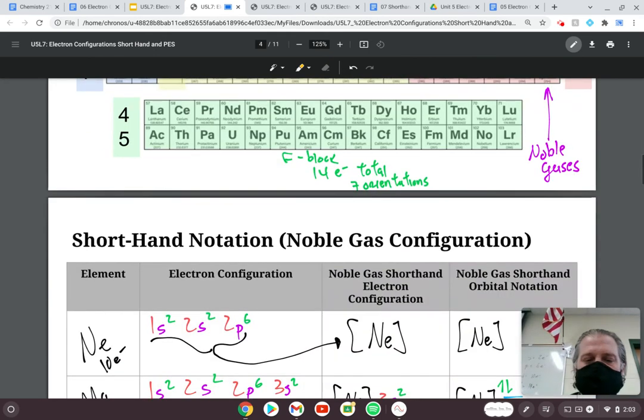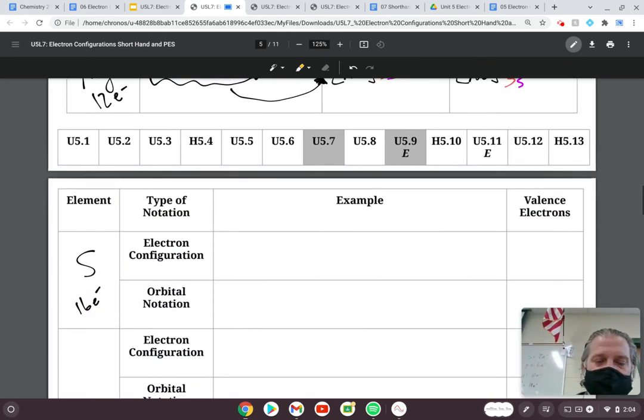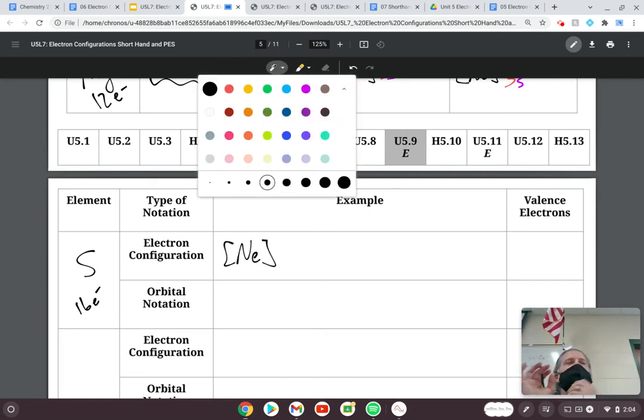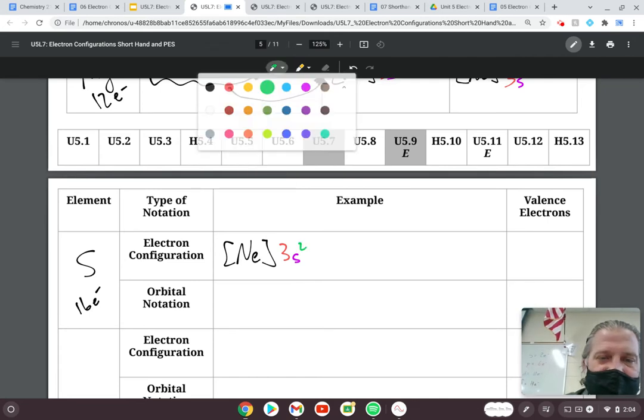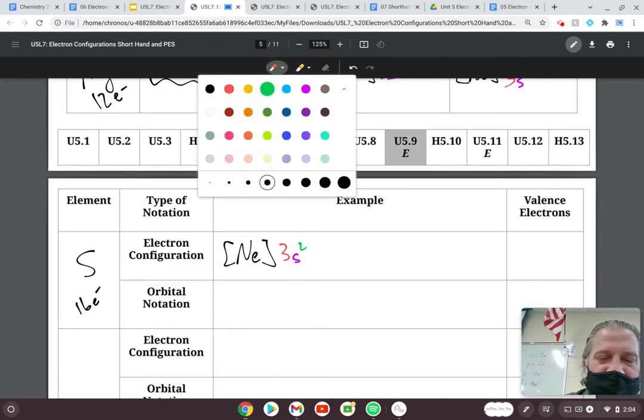So in this instance, I can write neon, and we know that neon ends in 2p6. So what comes after 2p6 is going to be 3s2, and then whatever comes after that is going to be 3p, and it's going to be 3p4.